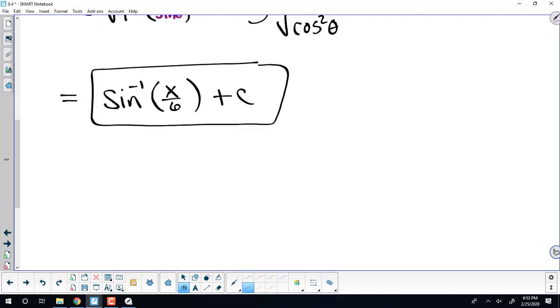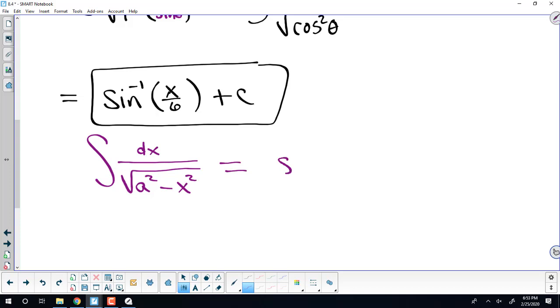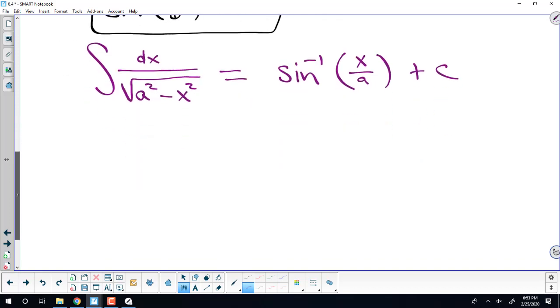But definitely worth remembering that: 1 over the square root of a squared minus x squared, the antiderivative is the inverse sine of x over a. So we could have just written that down immediately, not needing trig substitution. But trig substitution works, so either way. The other one we should remember was this one.